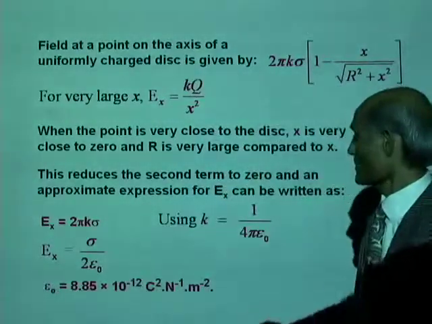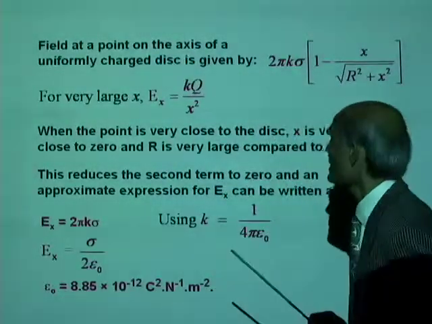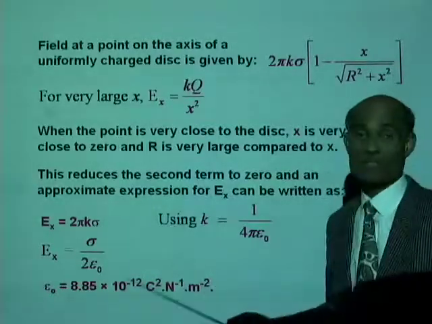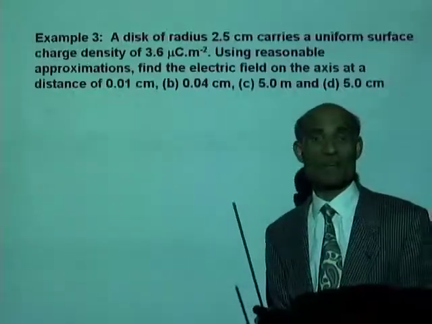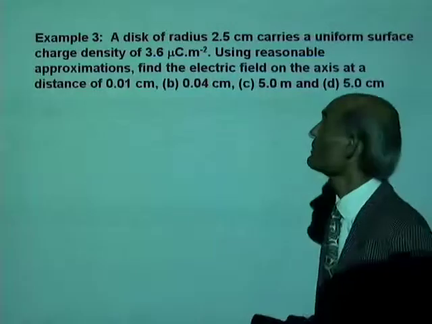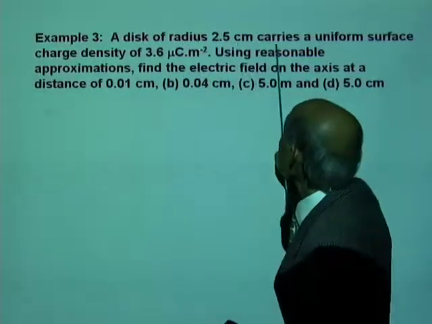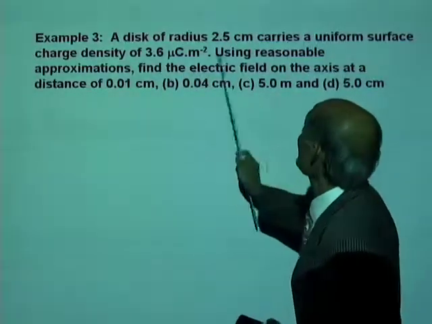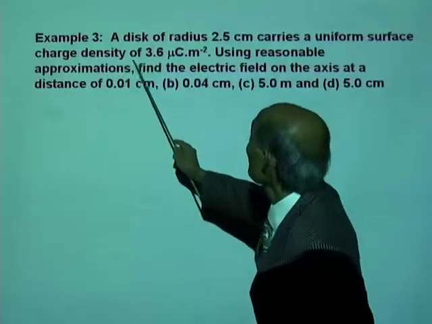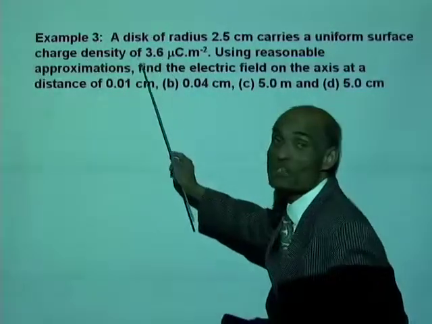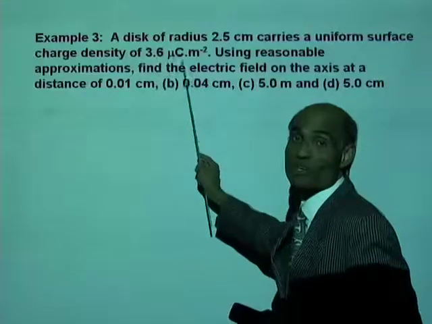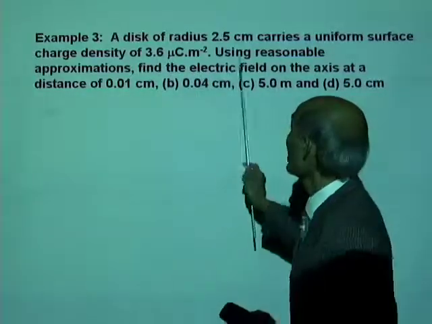Alright. You know epsilon naught has a value given by that. You know that. I've given it to you early. Let's do a small problem. A disk of radius 2.5 centimeter carries a uniform charge density. This is sigma, 3.6 microcoulomb per meter squared.